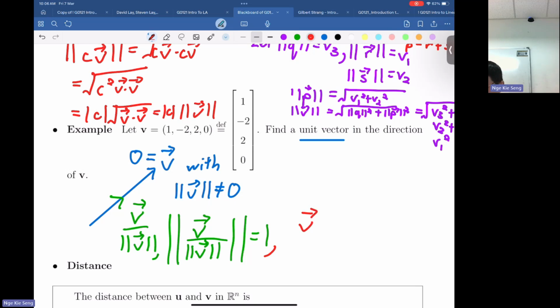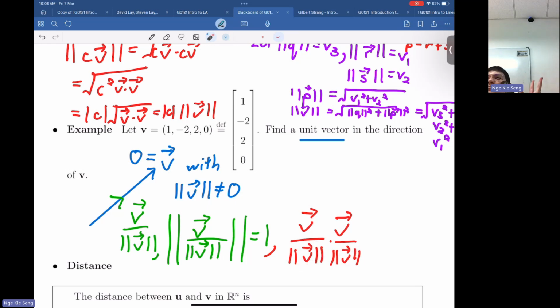What is V divided by length V, dotted with V divided by length V? Hey, this is just a number. Don't look at so many lines, you will go crazy. These two are just scalar numbers.